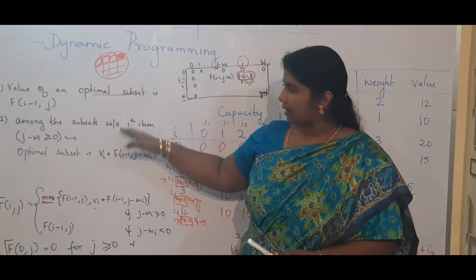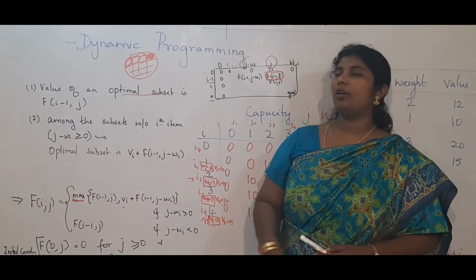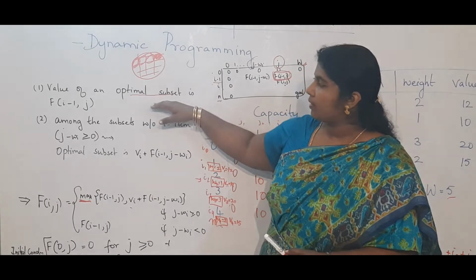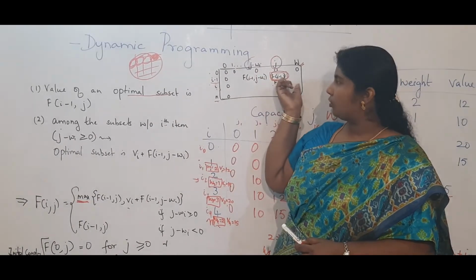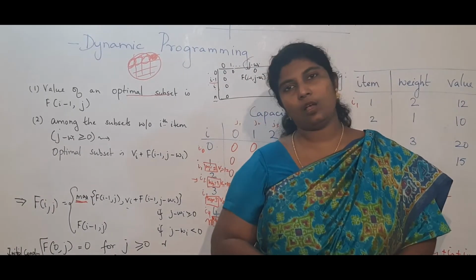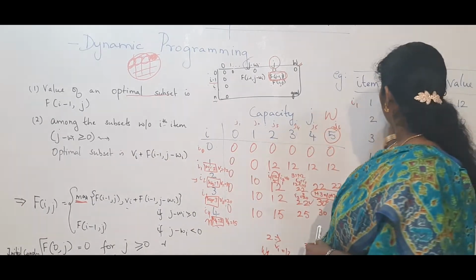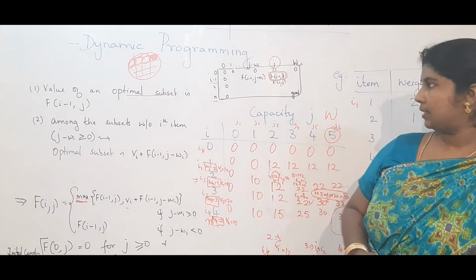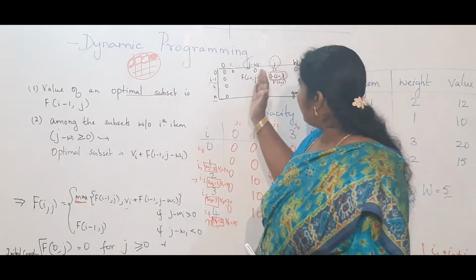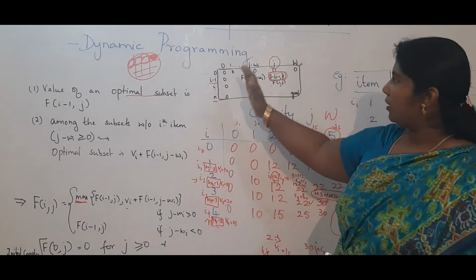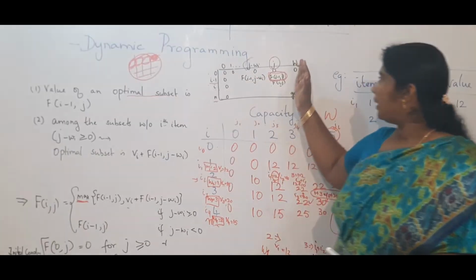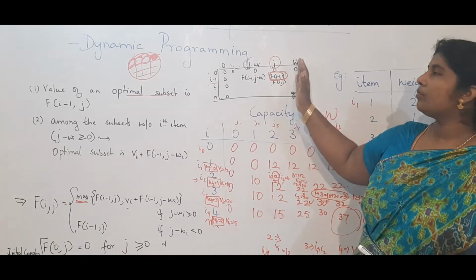These are the two conditions for getting the optimal subset. What is the capacity or the cost which we have, it is going to be some weight more than 0 but less than the maximum capacity.